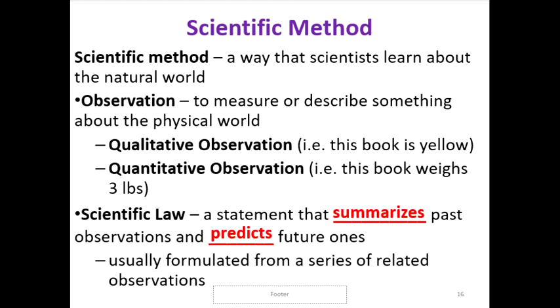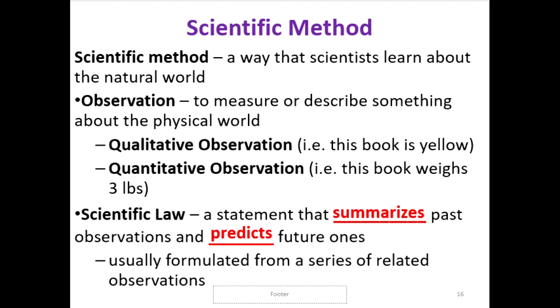So this is a law. Based on the past observation, we can predict something in the near future in the same conditions. Whenever we talk about law, in general, we talk about mathematical equations, mathematical formulas. Physics has many laws.